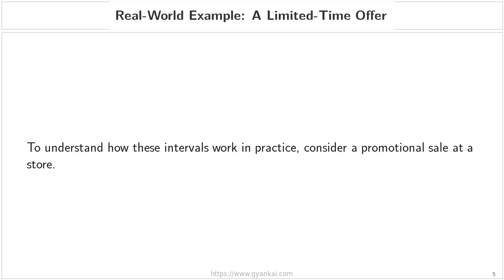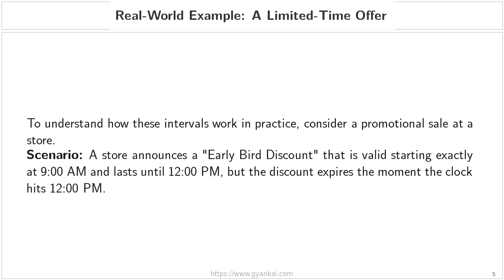Real-world example, a limited-time offer. Now that we have mastered the formal notation and the difference between left-closed and left-open intervals, let's step away from the abstract symbols for a moment and see how this actually applies to a real-life situation. To understand how these intervals work in practice, consider a promotional sale at a store. Imagine this scenario.